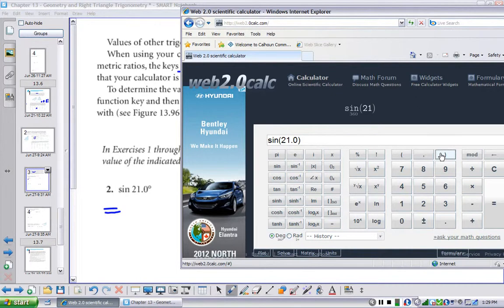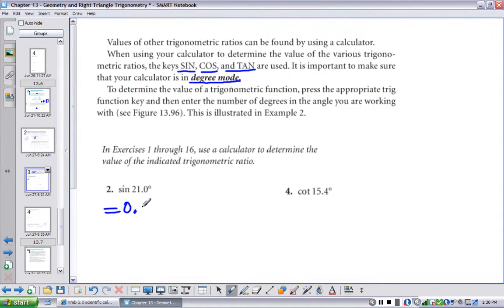The calculator we're using here has order of operations programmed in it. If you are using a basic scientific calculator that maybe is an older calculator, you may have to put in 21.0 and then hit the sine button. But for this calculator, we put in sine and we do 21.0. And what we get back is 0.3584.